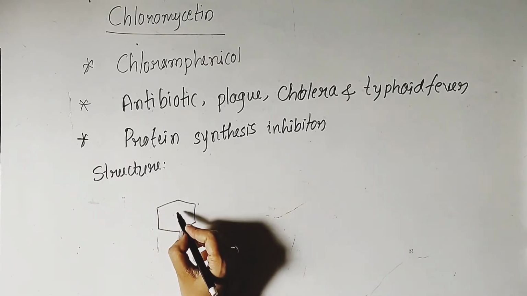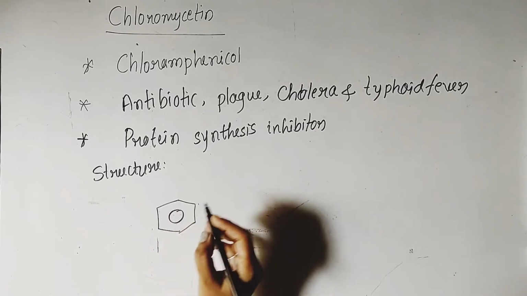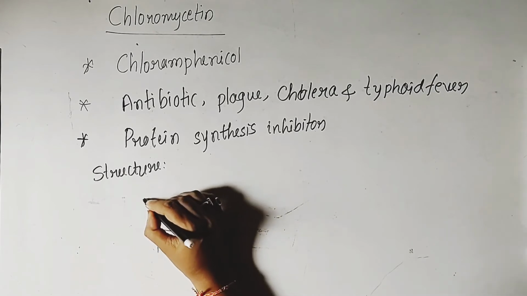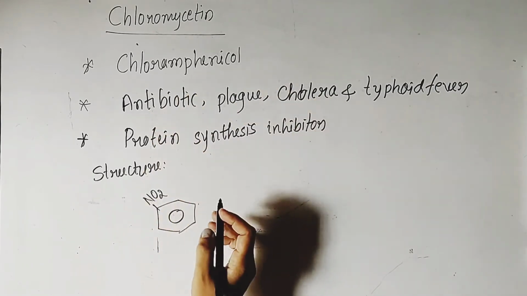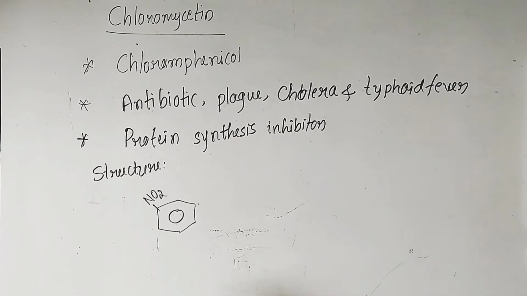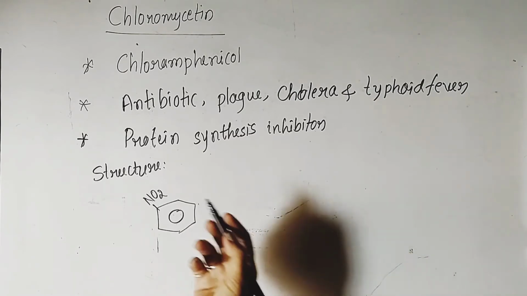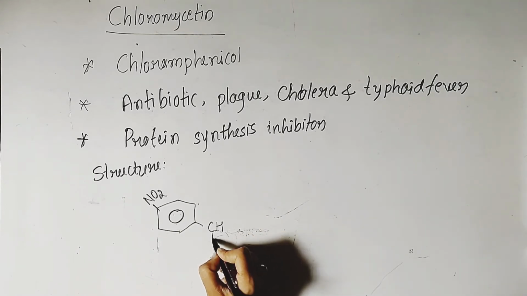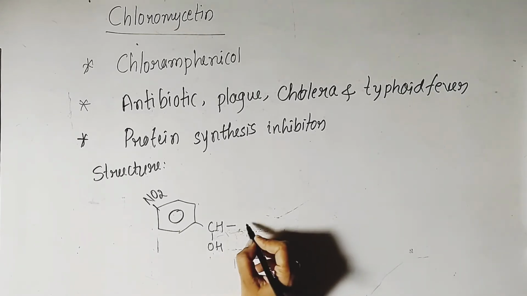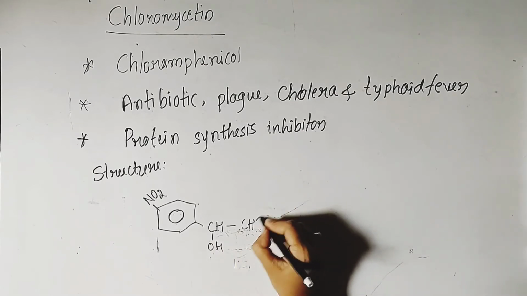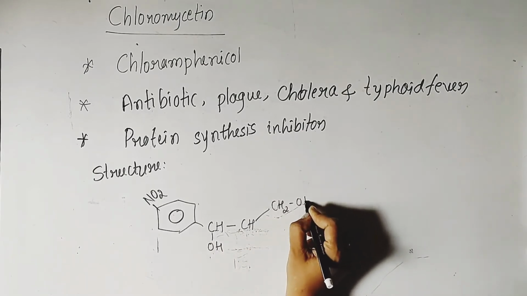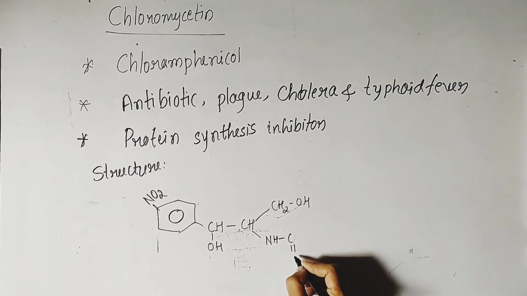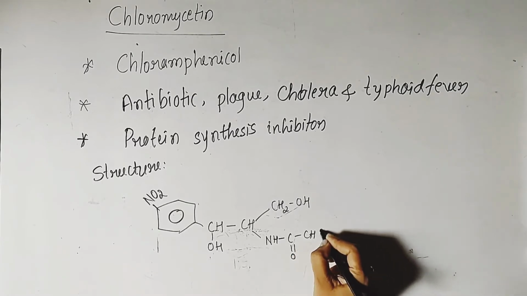As the name indicates, it contains chlorine in its structure, and as amphenicol, the nitro group is also present and amine group is also present, and it can be written as CHOH, CH, CH2OH, and this side NHCOCHCl2.